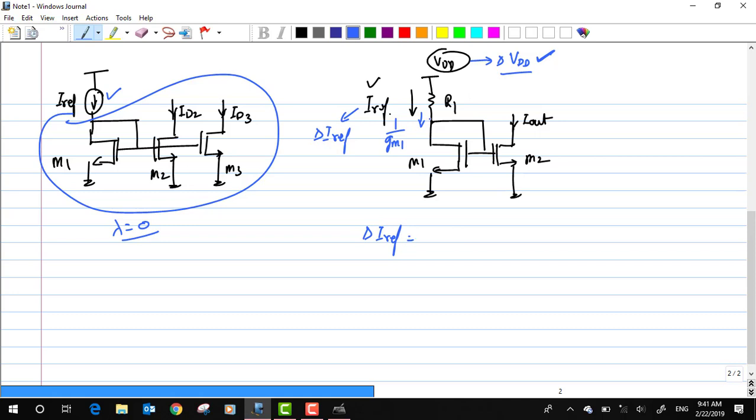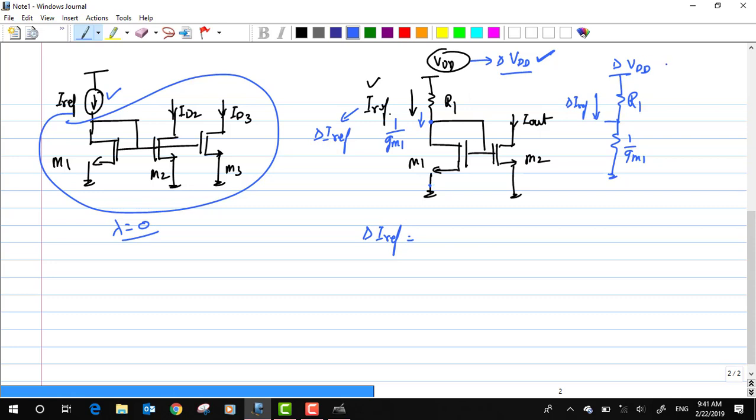You are modeling this entire circuit as the series resistance R1 in series with 1 by GM1. So you know what variation is happening here. The only thing I am asking is what is the change in my I reference current that is flowing through the circuit. So how do you evaluate that? Yeah, from here to here I am considering that resistance as 1 by GM.